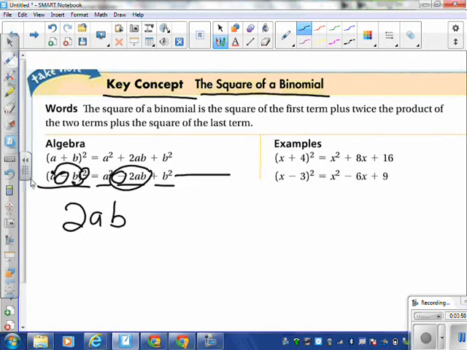So if you're looking at it with numbers, if you're given x minus 3, that quantity squared, you're going to square the first number, which is your letter x, so x squared.